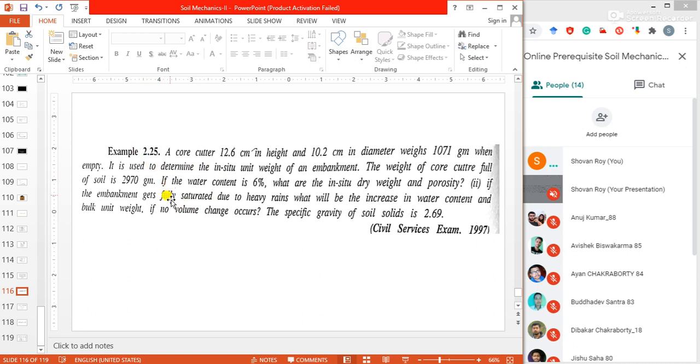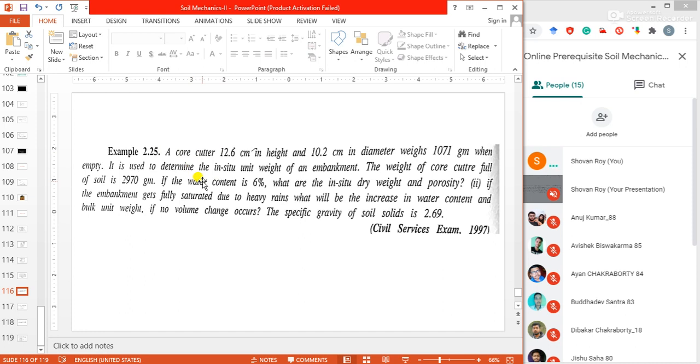The question is about a core cutter. For us, the core cutter is not a very common or known thing from the beginning, but once the compaction chapter is over, the core cutter is very familiar to us.